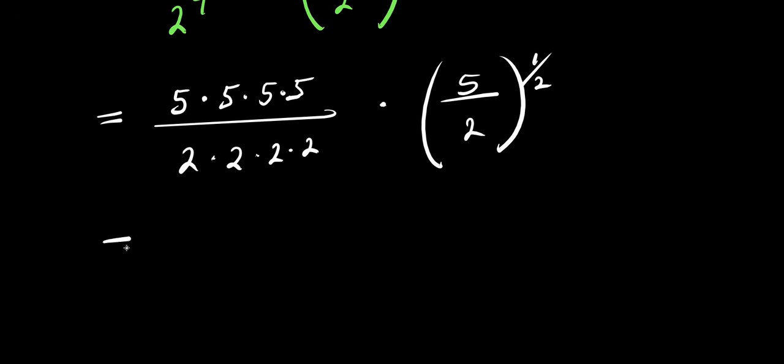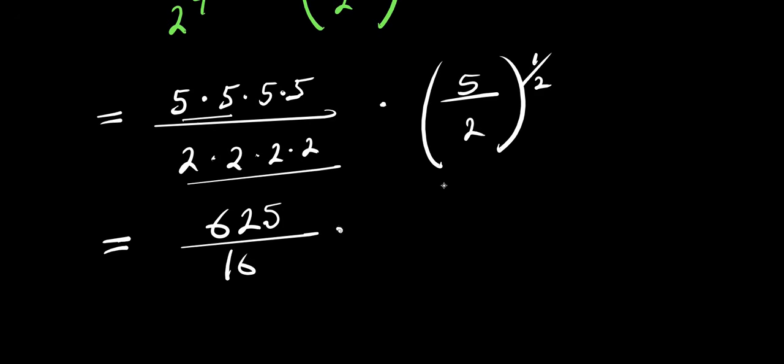So from here, you can easily have 5 times 5, 25, 25 times 5, 125, 125 times 5, this is 625, divided by 16. Now, if you have a power 1 over 2, this is just like writing the square root of a.